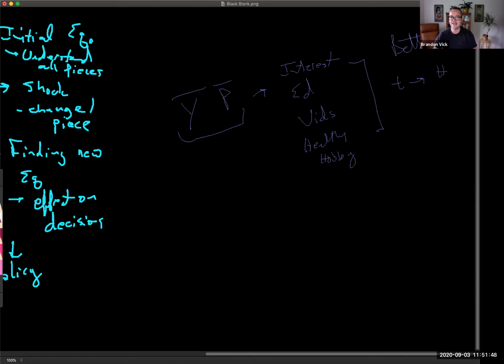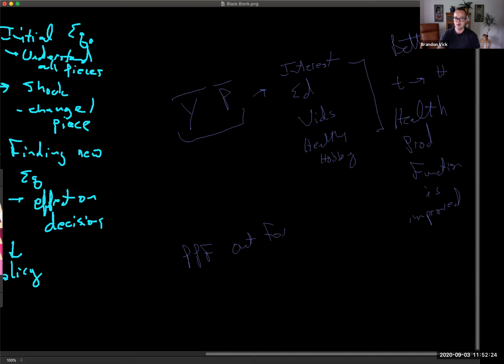What it's saying is that, in economics terms, my health production function is improved. So when my health production function is more efficient, my PPF will shift out for health. That's what I showed before.